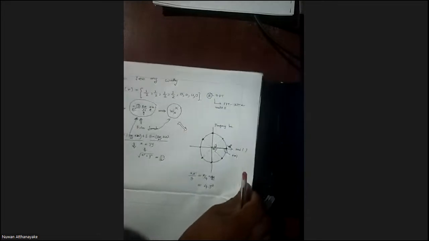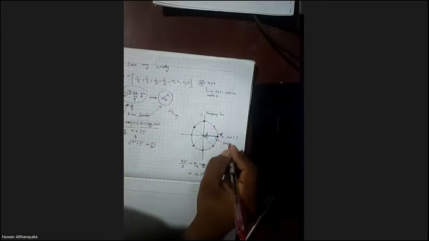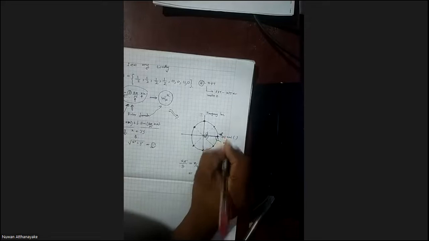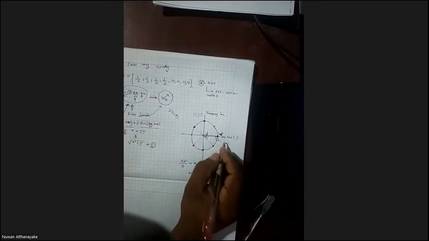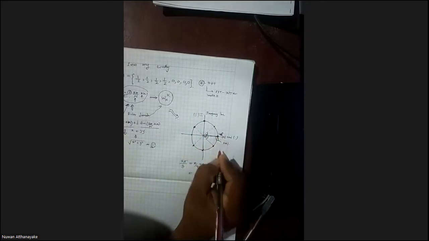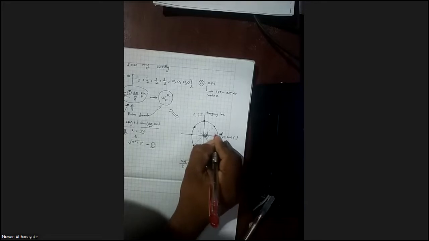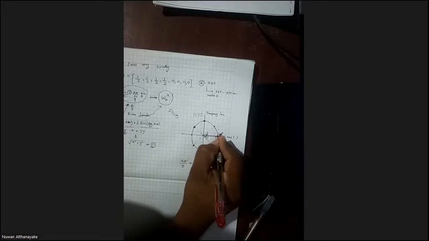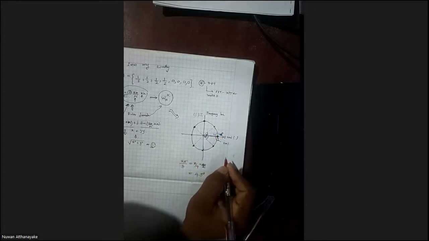Can you see this circle? This is the imaginary line, and this is the real line, and you know that the imaginary line means this is a J line. So this point will be my W80.